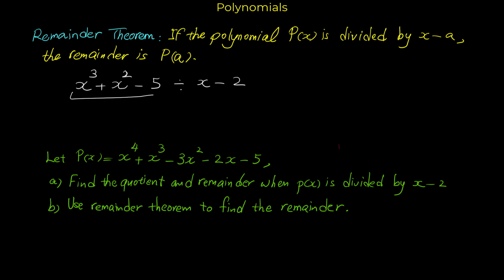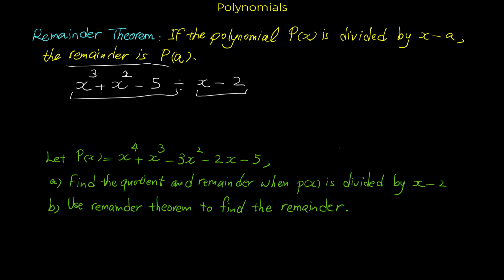If we divide this polynomial by this linear polynomial, we are going to have a remainder. And for dividing this polynomial by this polynomial, we can use synthetic division or long division. But for finding the remainder, only the remainder, not the quotient, based on the remainder theorem, you don't need to do any division.